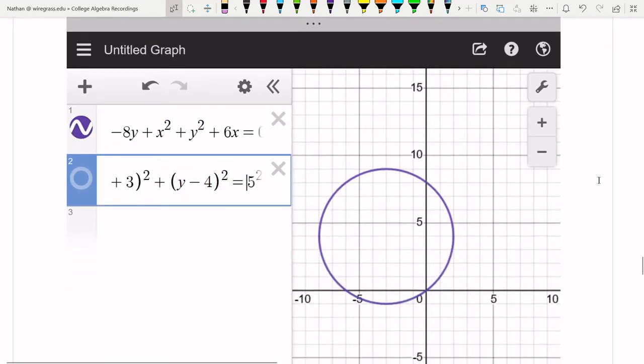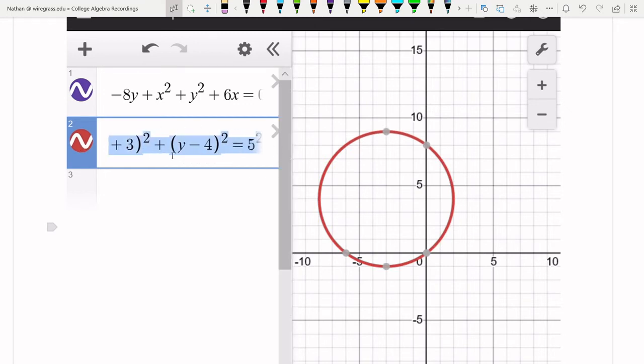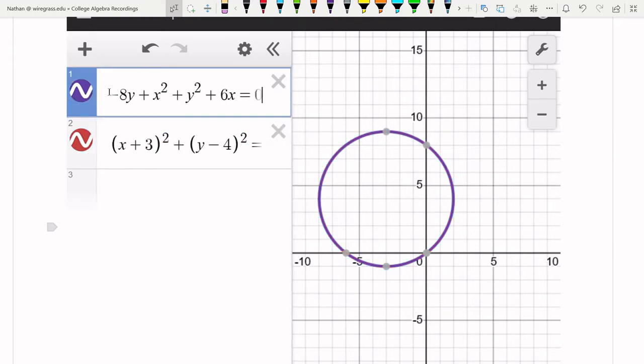And you'll notice that if I turn this on, it completely overlaps the purple circle. So they are, in fact, the exact same thing. This, of course, is nicer because you can actually see what the center and the radius is. This one, you cannot see that information. So that's where the standard form really shines.